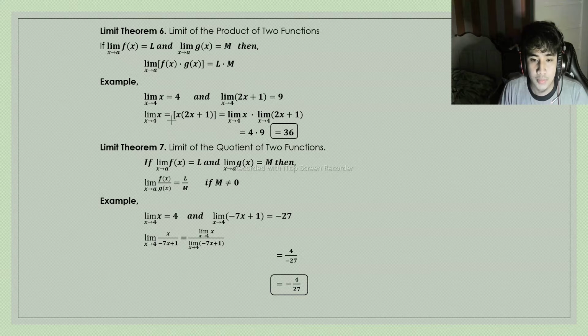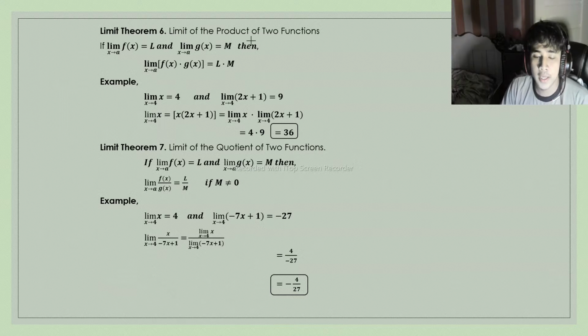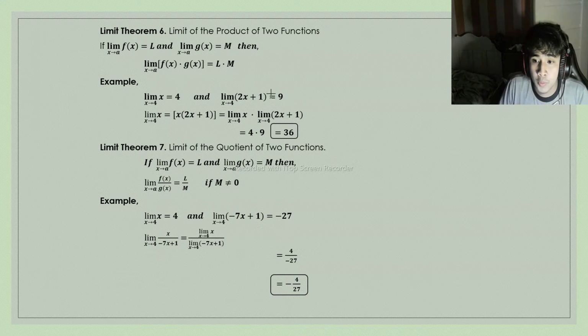So ang mangyayari ay mamumultiply natin yung both functions, which is indicated sa formula natin. So that will be limit of x times quantity 2x plus 1 as x approaches 4. So substitute natin yung value ng 4.